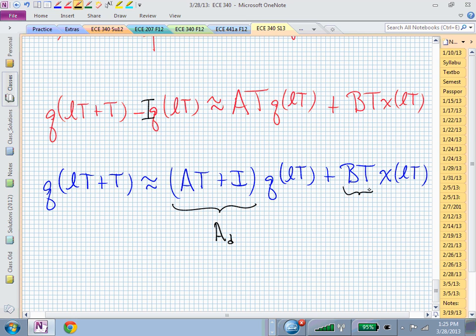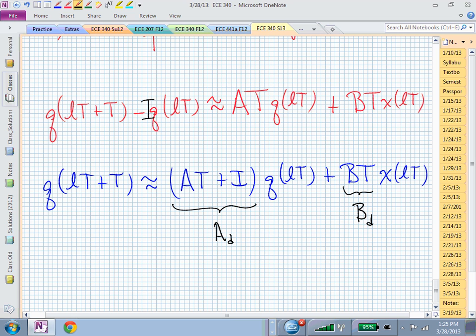This is just my original input matrix scaled by a scalar, capital T. I'm just going to call it a new matrix, B sub D. This is now a discrete time system equation in the state space formulation. This is a third order vector equaling a 3 by 3 matrix times a 3 by 1 vector plus a 3 by 1 column vector times the input. That's now a difference equation in state space form.